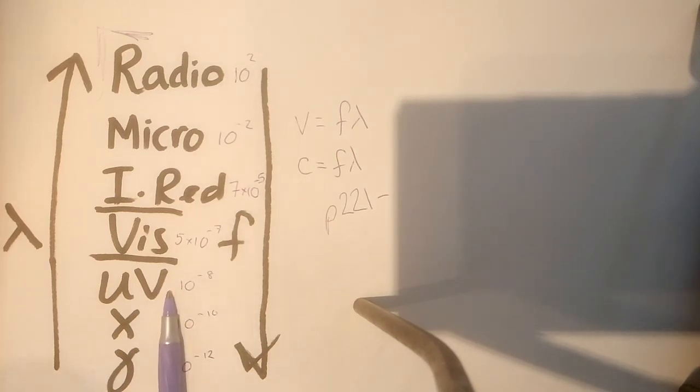You can read through it in the book. There's UVA, UVB and UVC. Have a look and see, it's the UVB that's the dangerous one for sunburn and skin cancer. Have a look through what the other ones are about as well. Okay, so you're going to read through the book. There's not a lot else on electromagnetic waves, and I'm going to set you some lovely exam questions to do.